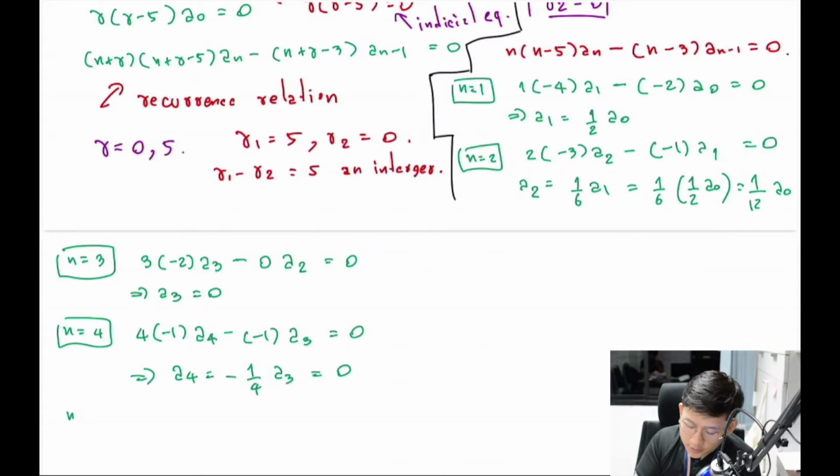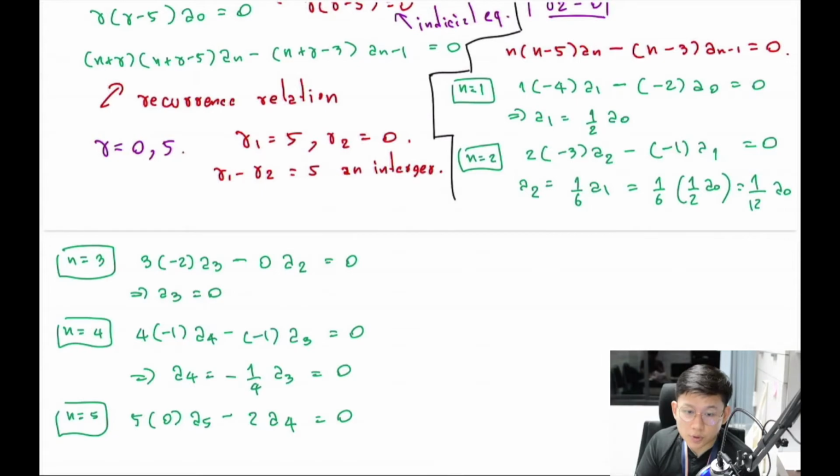Okay, let's go to a5. What would it be if n is 5? We would get 5 times 0, a5 minus 2 a4 equals 0. But guys, don't forget a4 is 0. So we have 0 times a5 is 0.